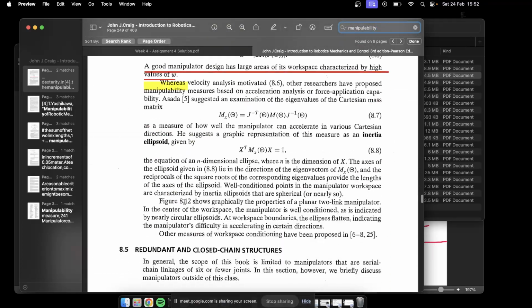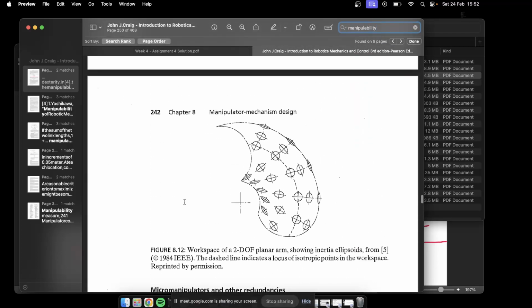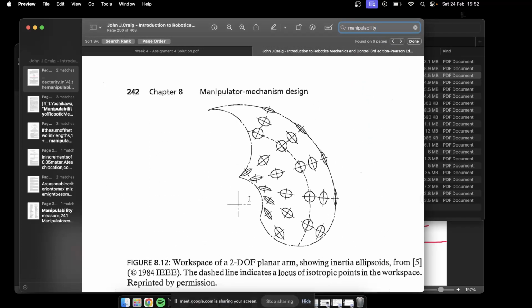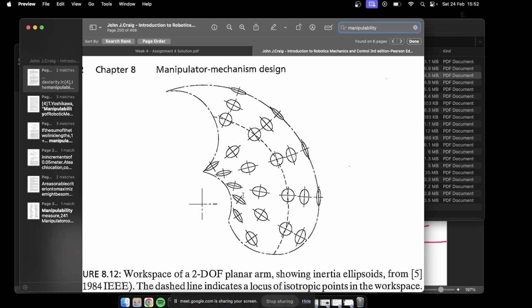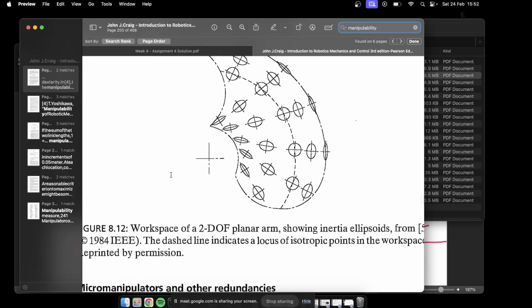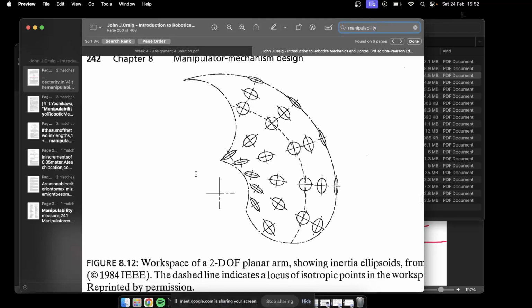Yes, that is what I wanted to show you. This figure shows manipulability ellipsoids at different points in the workspace of a 2-hour manipulator.